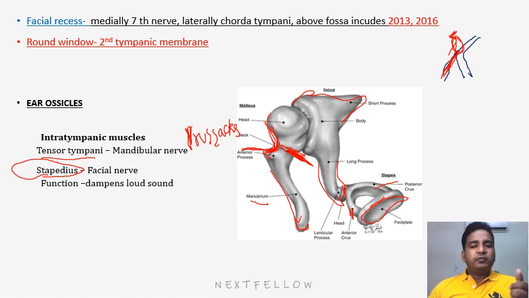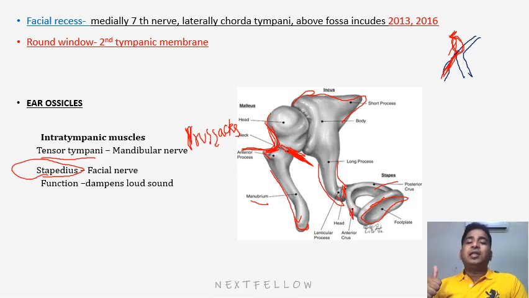And what is the importance of this? It dampens the loud sound. Whenever a louder sound hits the middle ear, the stapes vibration will be very much. So what happens in that case? The stapedius muscle, when it comes into action, will tighten up the stapes and thus dampen or lower the extreme vibration of the stapes bone, leading to decreased conduction of the loud sound into the inner ear.